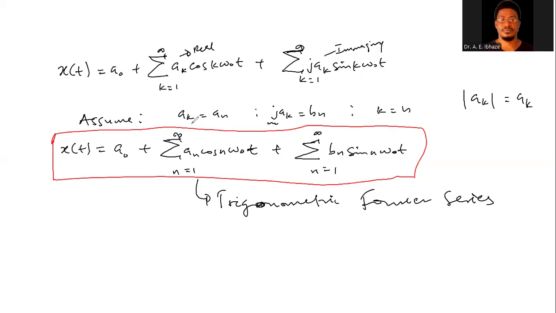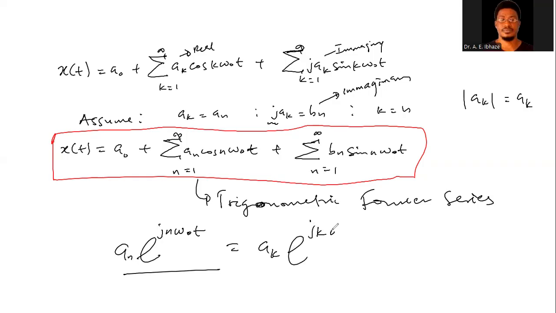Only that this tells me that, should we have a sub k arbitrarily, b sub n is the imaginary component of the complex sinusoid. Recall, we are dealing with complex sinusoid here. It's actually epsilon j n omega naught t. This is what I'm dealing with. a sub n, which is the same as a sub k, epsilon j k omega naught t.